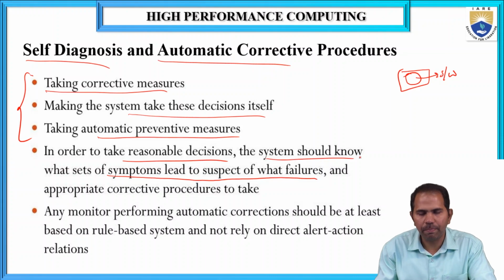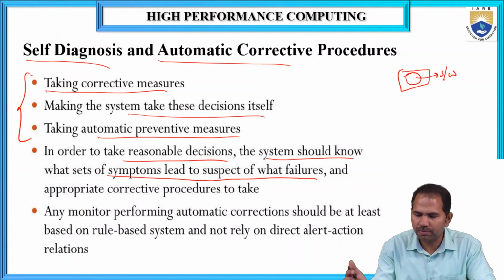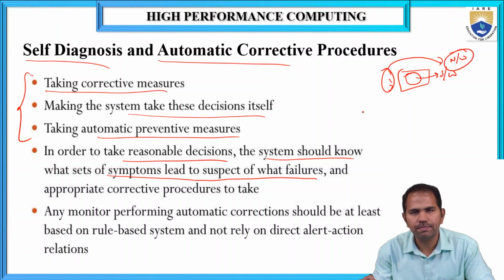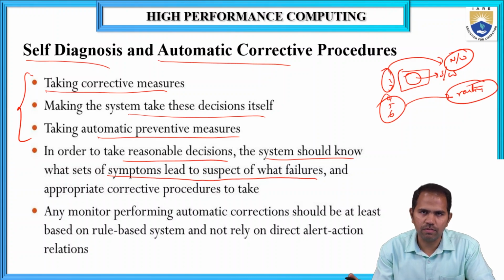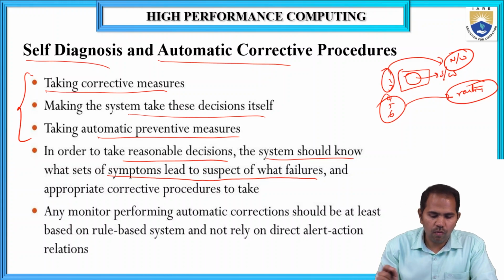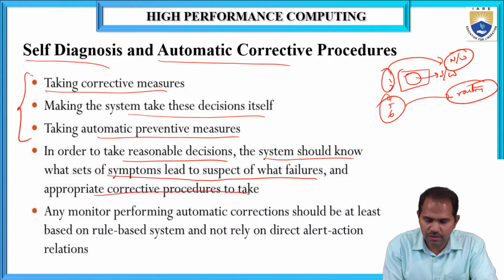For example, a set of symptoms like 1, 2, 3 may lead to network failures, or 4, 5, 6 may indicate a problem with routing, or a system may be down. The system should know what set of symptoms leads to suspicion of what failures, and the appropriate corrective measures to take.